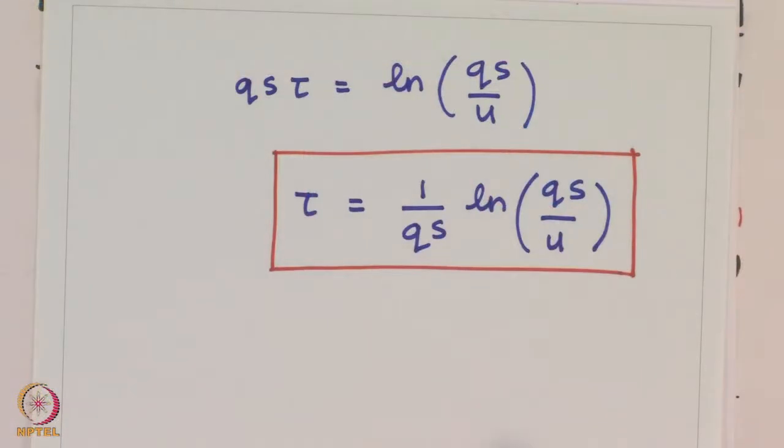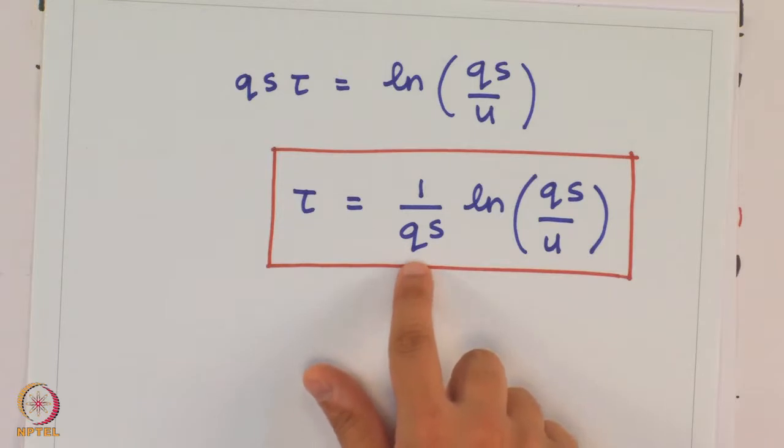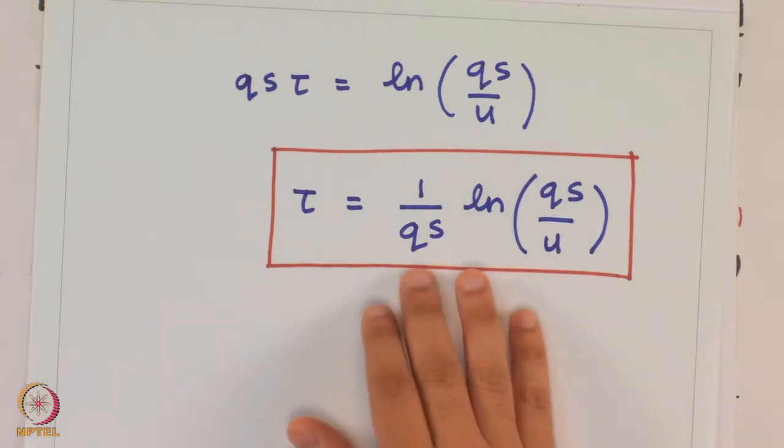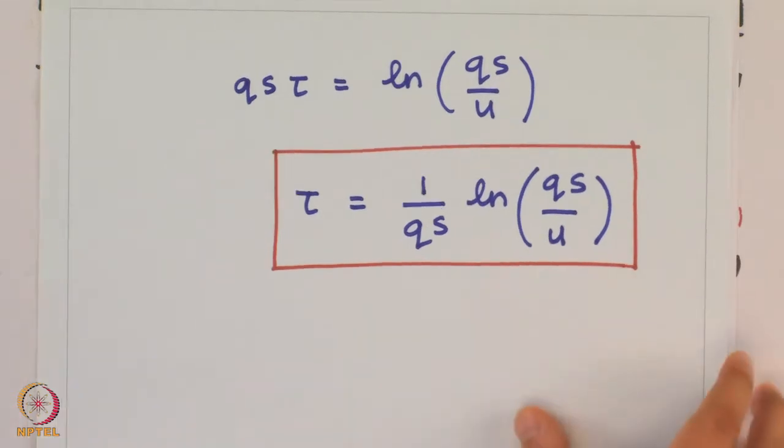So, while we have an expression of tau that we have derived here, this expression of tau is in terms of q, which we do not really have an idea of right now, and which is somewhat arbitrarily defined as things stand currently. Okay. So, that is one way of looking at it.